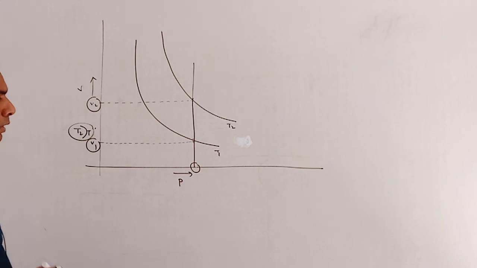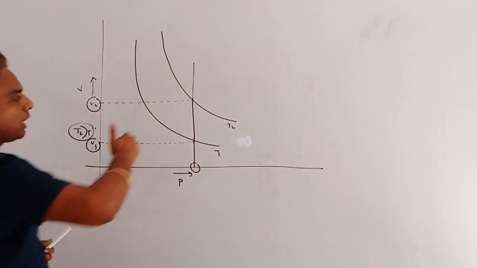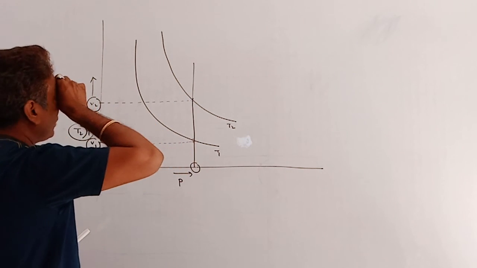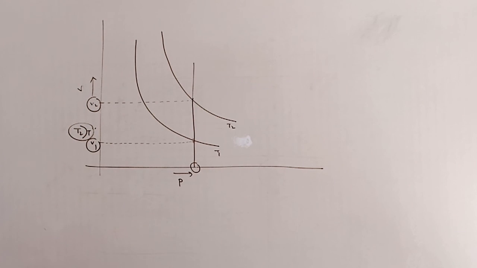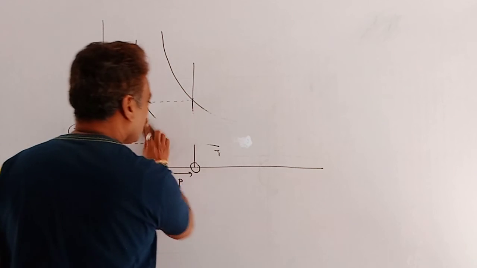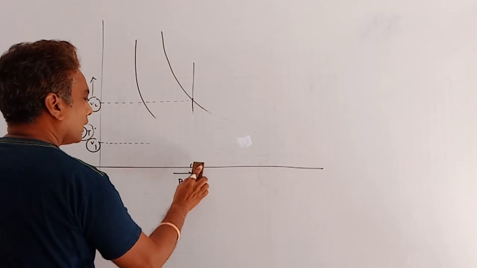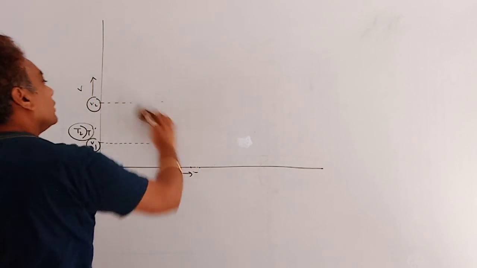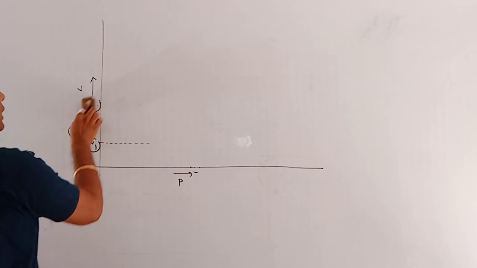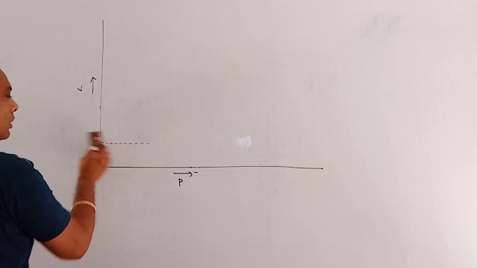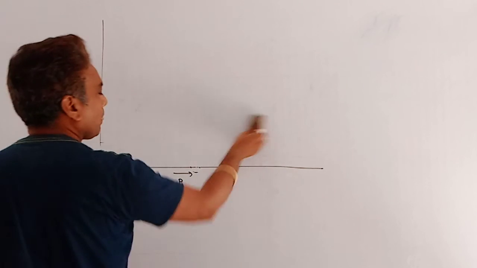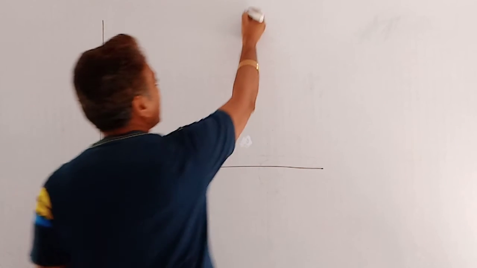Is it clear? So on increasing the temperature, the graph of the PV diagram moves away from the origin. Suppose this is for ideal gas, but in case of real gas, suppose carbon dioxide, the PV diagram is observed.